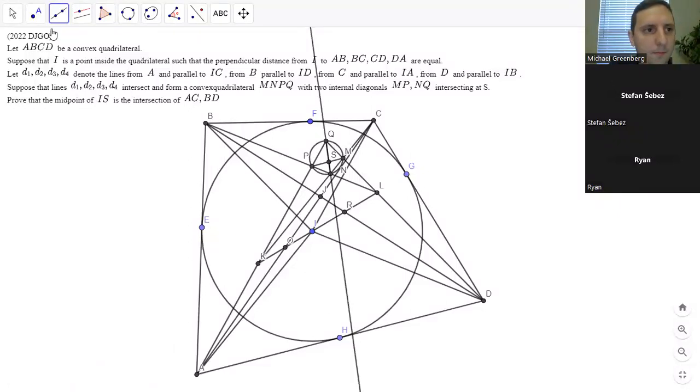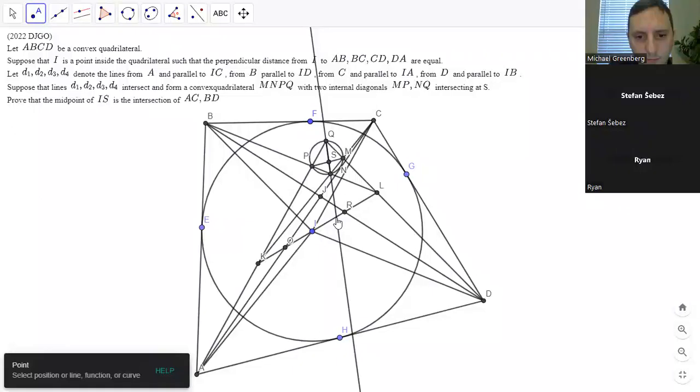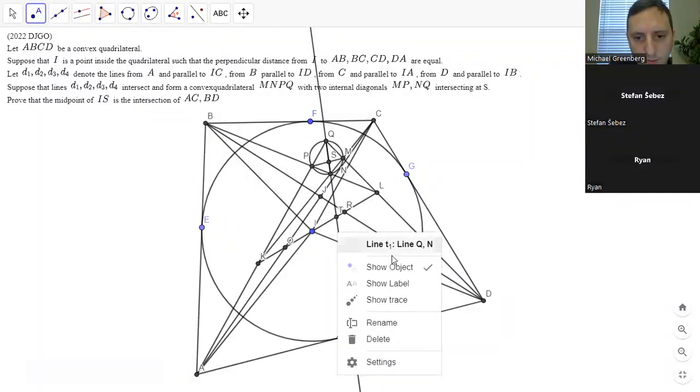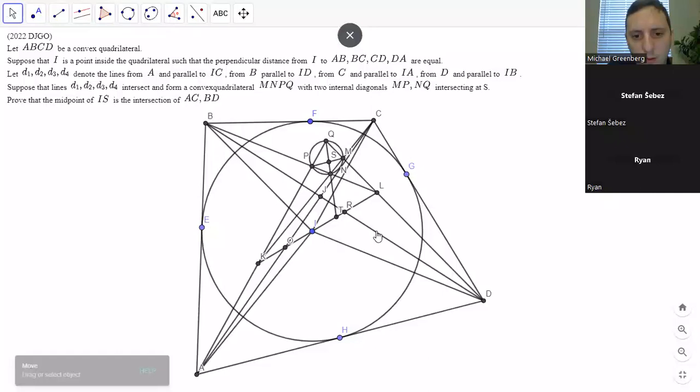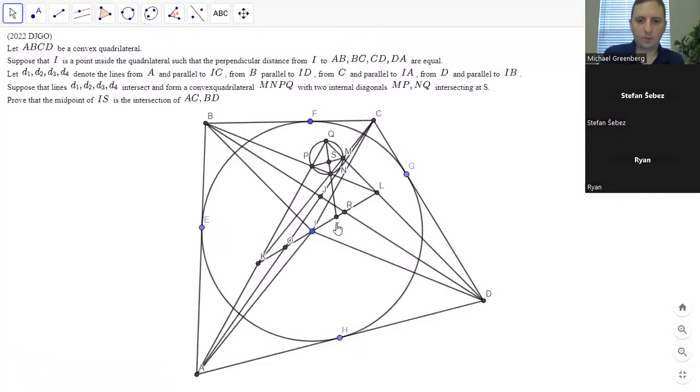And then you project through L and project the cross ratio QNST, which is -1, onto line BD, and you get that SL is parallel to BD very easily, since R is the midpoint of BD.